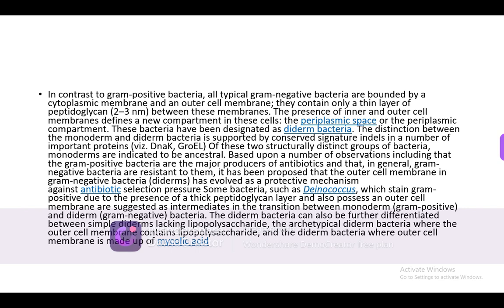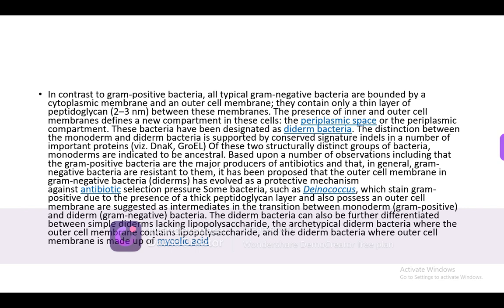Of these two structurally distinct groups of bacteria, the monoderms are indicated to be the ancestral, based upon a number of observations. It has been proposed that the outer cell membrane in the gram-negative bacteria, the diderms, evolved as a protective mechanism against antibiotic selection pressure.